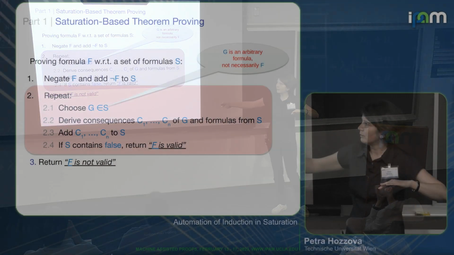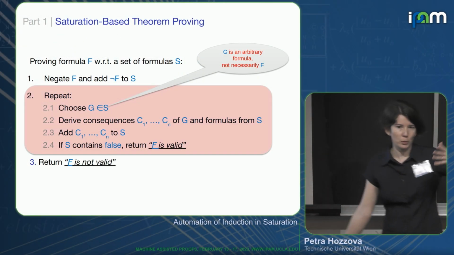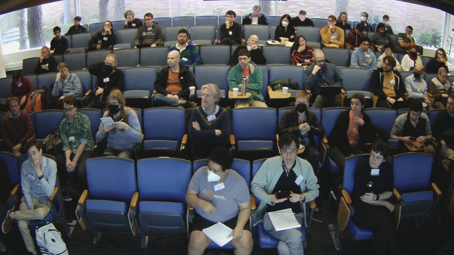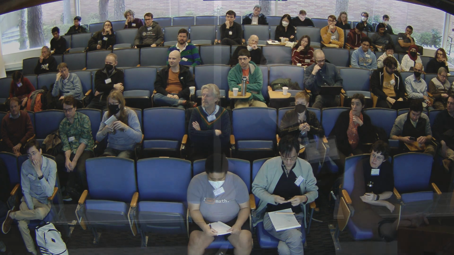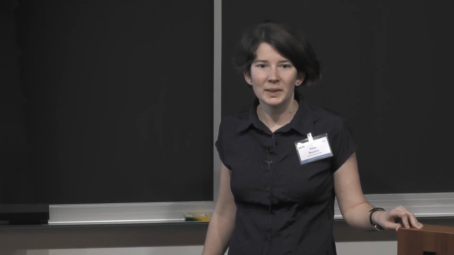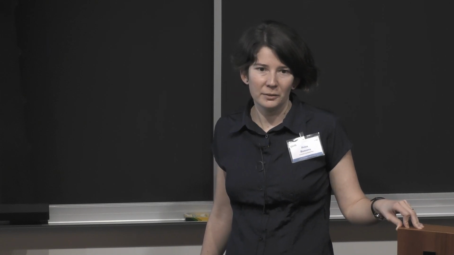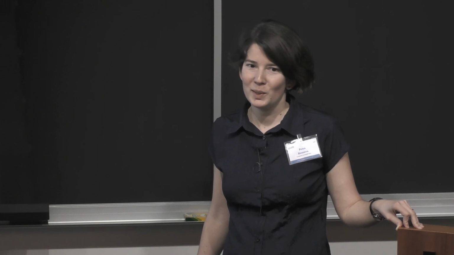Any formula here can be chosen, and hopefully every formula eventually will be chosen. So you don't ever do reasoning by cases? I think the easiest way to incorporate reasoning by cases would be some splitting, which is possible, and we do it with the Avatar framework currently, and I don't want to get into details.